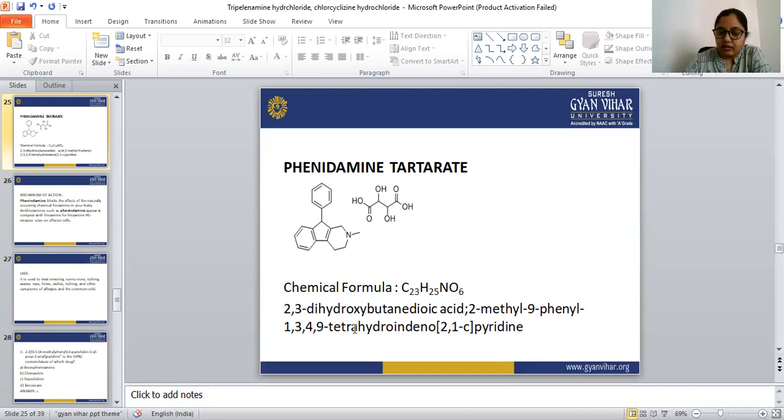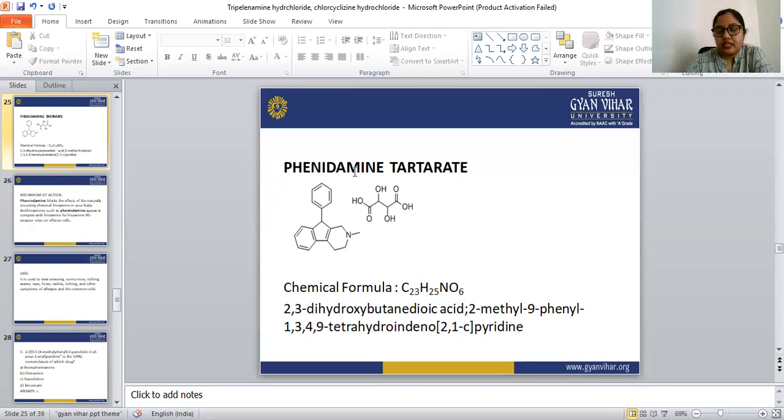The IUPAC name of phenindamine tartrate is 2,3-dihydroxybutanedioic acid, 2-methyl-9-phenyl-2,3,4,9-tetrahydro-1H-indeno[2,1-c]pyridine. So this is the IUPAC name, and this is the structure.